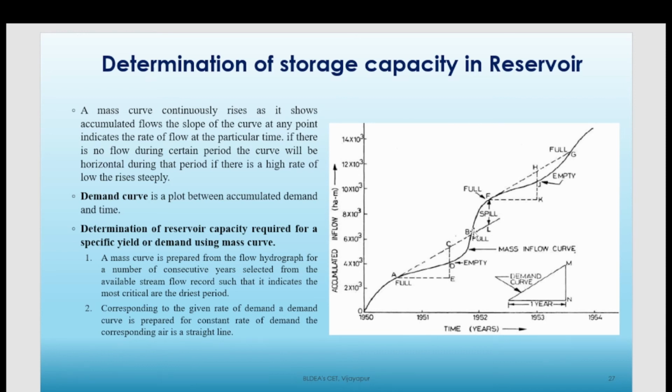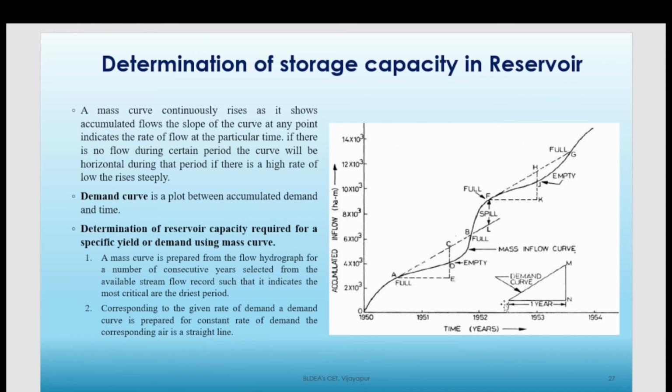Now after understanding the demand curve, we will plot the demand curve here also. Then we take a line which is parallel, as you can see, to the demand curve itself. But this line has to be drawn tangential to the high points of the mass curve.